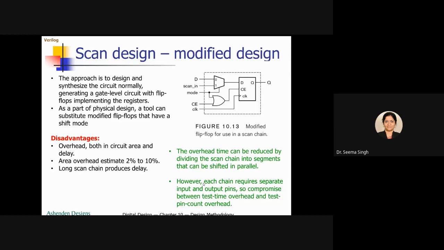So you have to understand whether you are fine with the time taken, let it be a long chain, or you are fine with increasing the area by adding a few more test pins, and let it be taken as test pin count overhead. So these are the two solutions to keep on working with scan design without having these disadvantages.